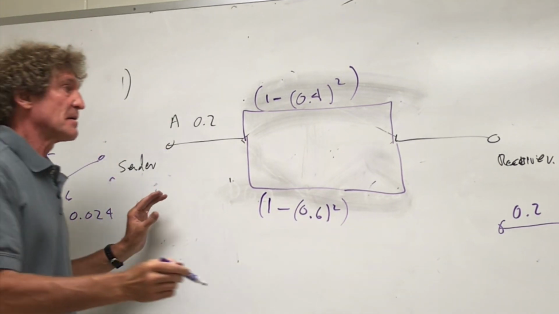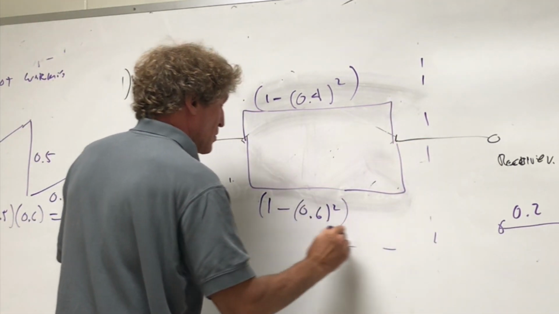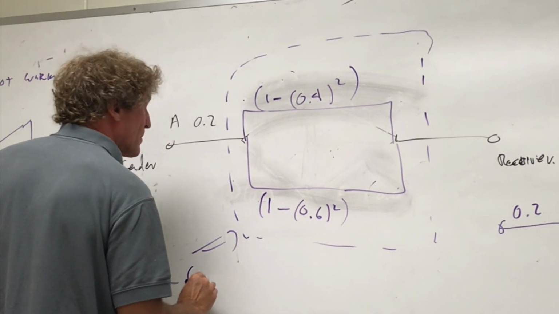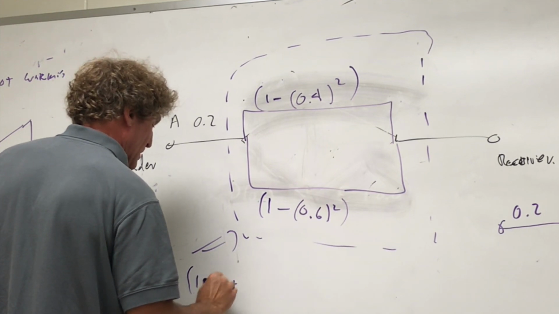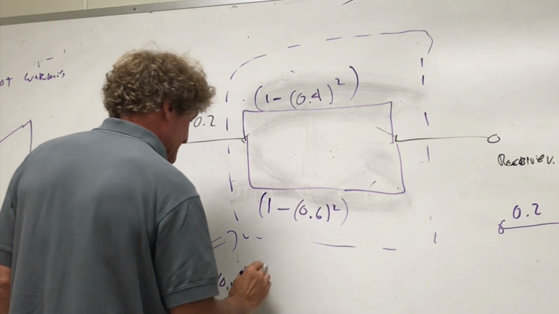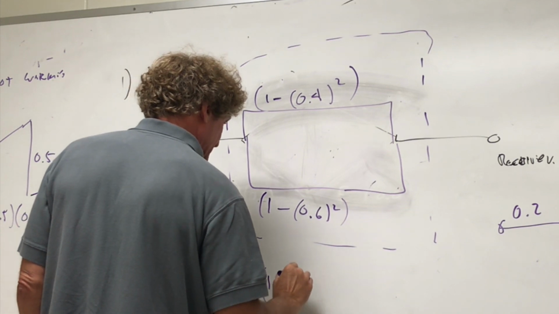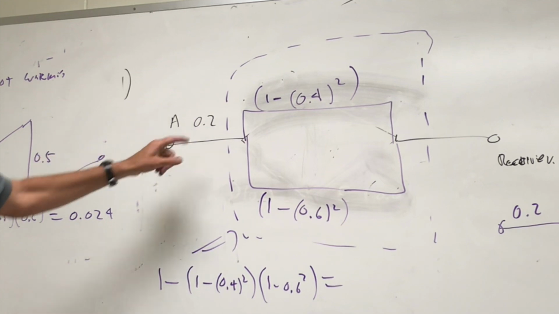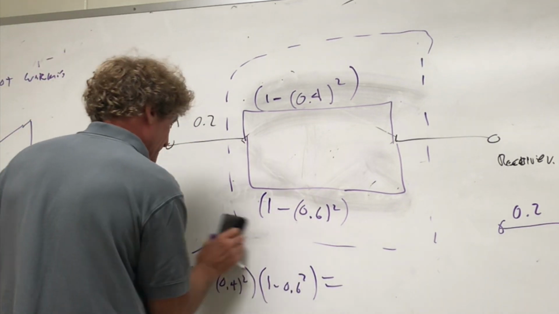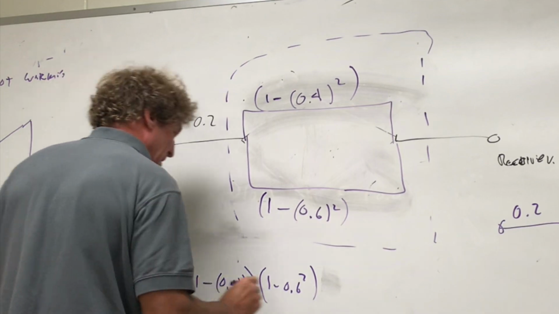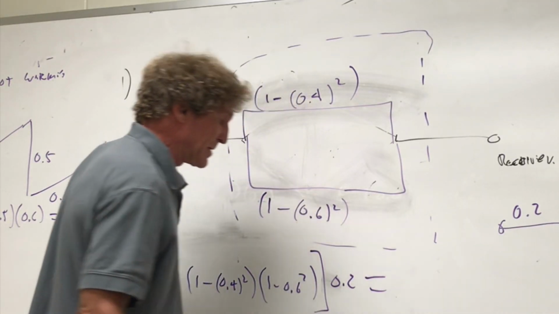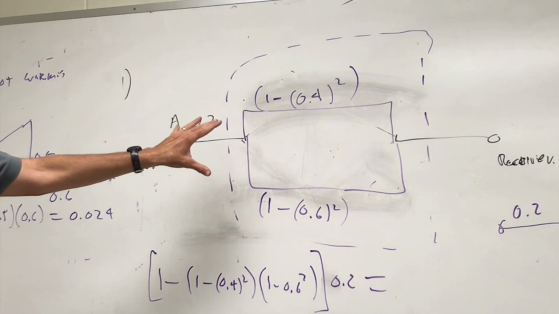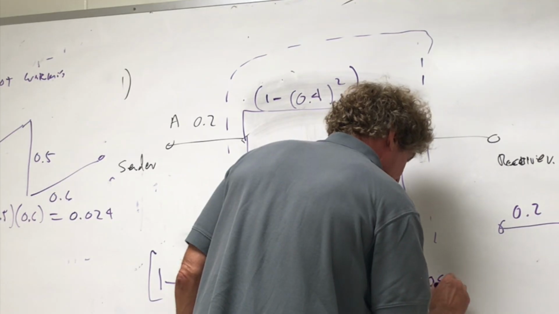So the probability of this working would be 1 minus, and then it would be 1 minus 0.4 squared times 1 minus 0.6 squared. I have to multiply that by 0.2 to get the probability of the whole system working. So I take that whole thing and I just multiply it by 0.2, and that would be the probability of this system working in that configuration, like 0.925.